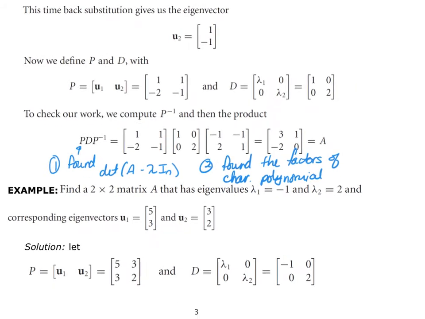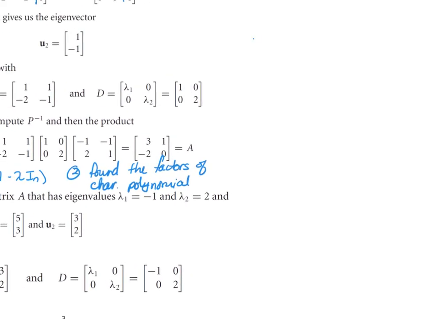Then the third thing we did is that we went back to A minus lambda 1 I, or whatever our lambda was. I'll call it lambda 1. Multiplied by my eigenvector is going to be 0.